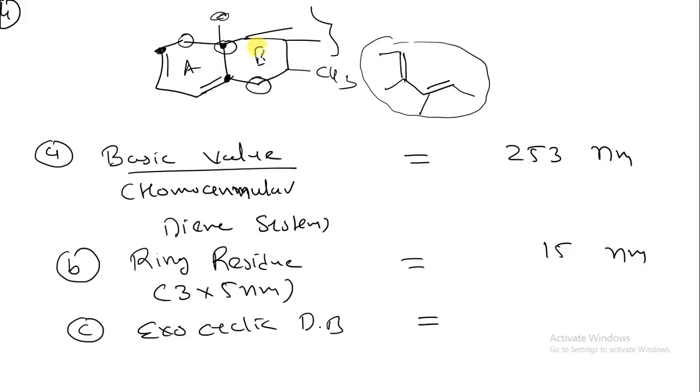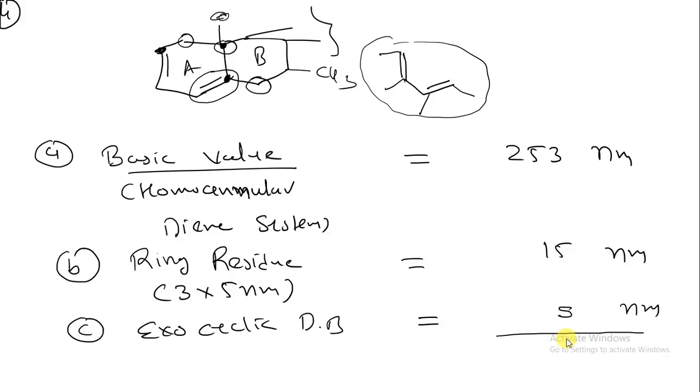Second, suppose I consider ring B. I have to close ring B, and I have to see whether there is a double bond present over here. There is a double bond present over here for ring B. So for the summation of these two, A and B, there is one exocyclic double bond present in the ring. So I have to just add this.